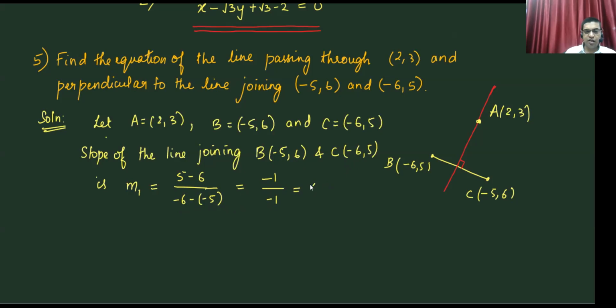We just need to be very, very careful with the sign. When you do the calculations, never miss a negative sign. If you miss, the whole answer will become wrong. Now, slope of line BC, M1, is 1. You got the slope as 1. Now, slope of any line perpendicular to BC.